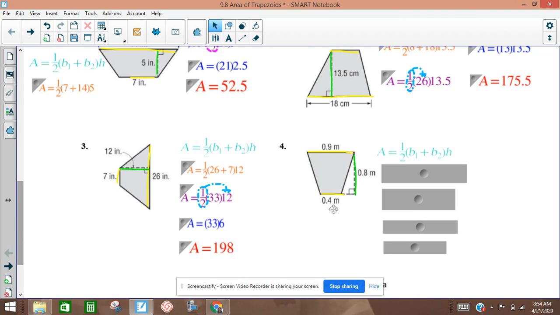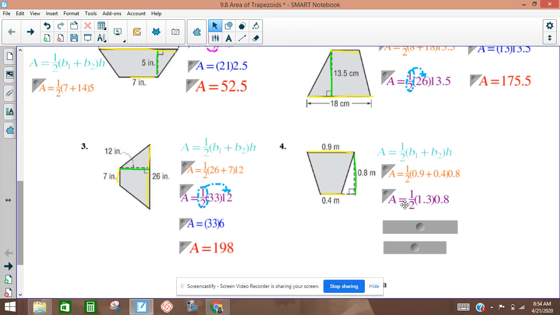So here we go. We put these numbers into the formula, and we have 1/2 times (0.9 plus 0.4) times 0.8. So we're going to add first. And when we add 0.9 plus 0.4, that will be equal to 1.3.